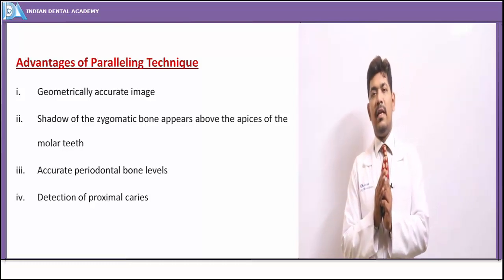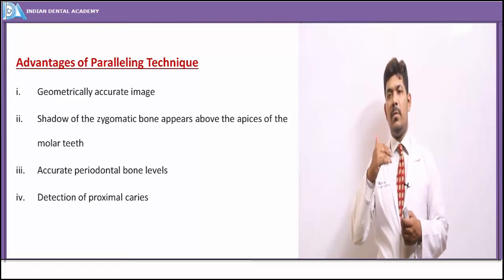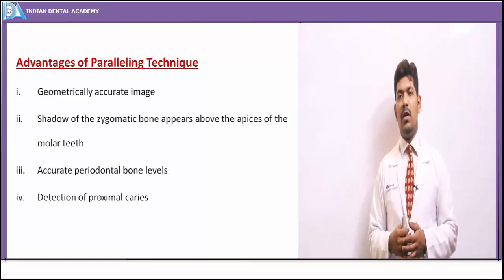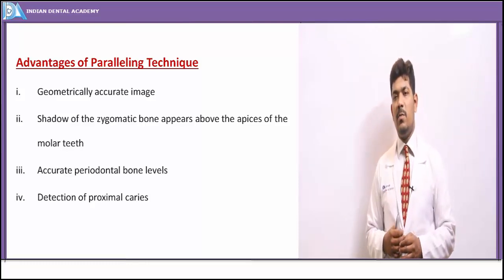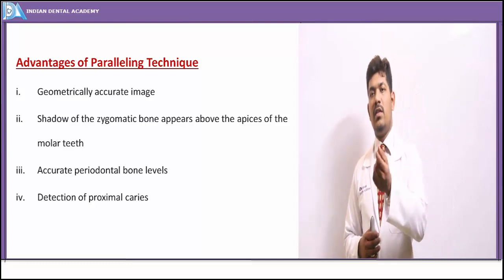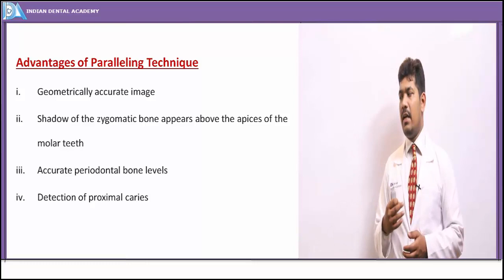But in the paralleling technique we increase the distance, so the space between the zygomatic bone shadow and the apices of the molars is clearly differentiated, and we can clearly make out the distance between the zygomatic bone and the molars. So that is another advantage of a paralleling technique.